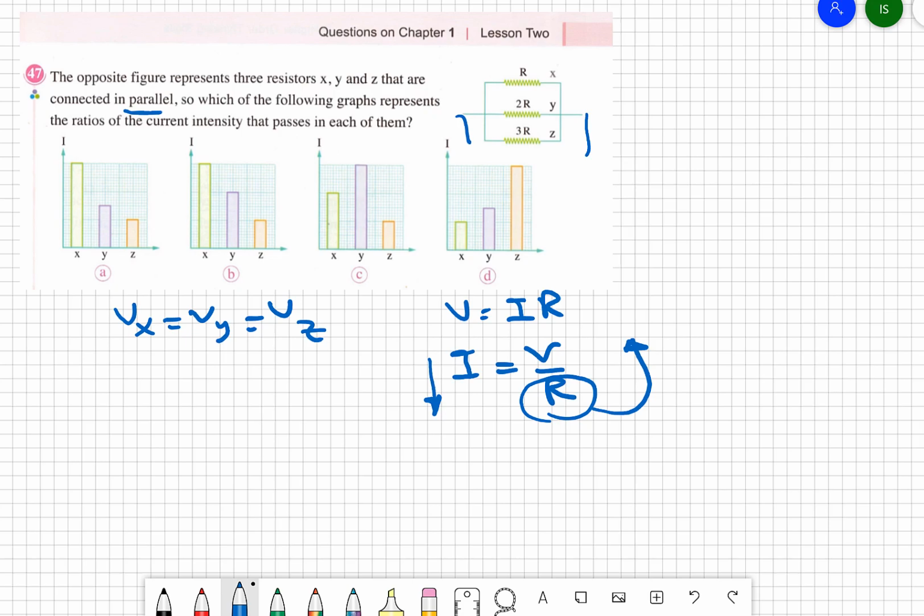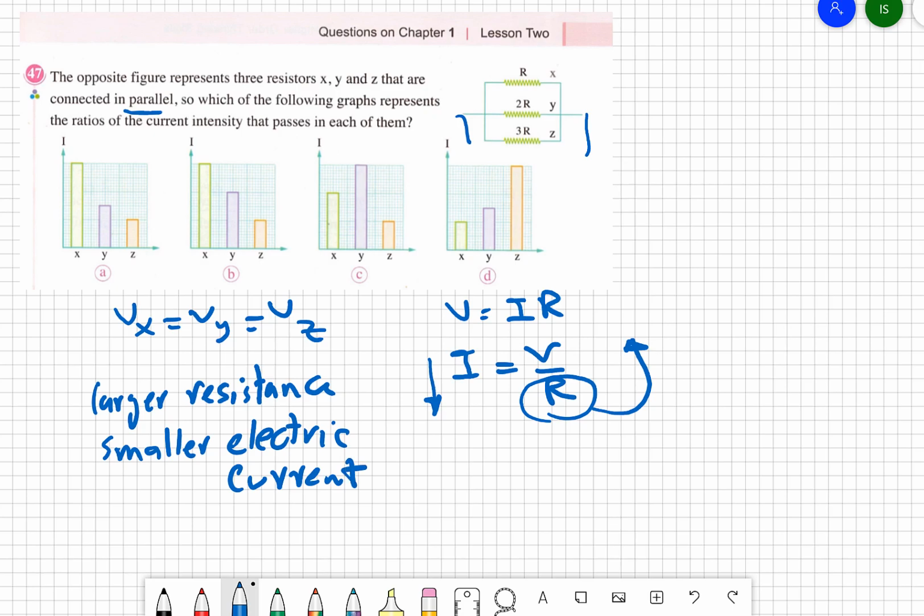When the resistance increases the current decreases, inversely proportional، صح كده؟ معنى كده larger resistance, smaller electric current.